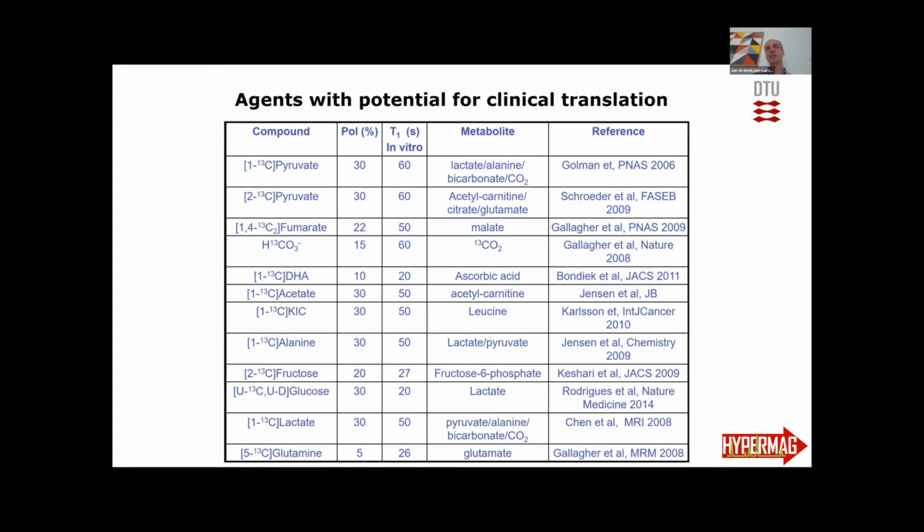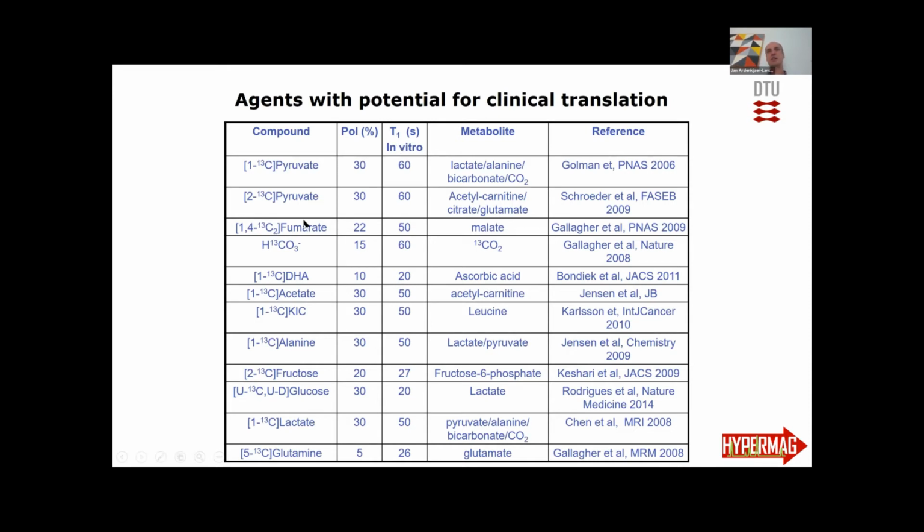And the agents that we target are energy metabolites, let's say, of the synthesis or the generation of energy within the cells. So small metabolites that have fast motion and therefore long relaxation times, and also labeling positions that have long T1, like carbonyls and carboxylic acids.